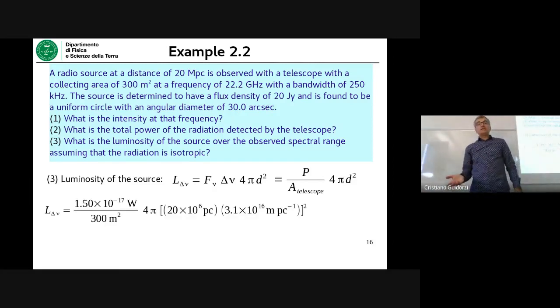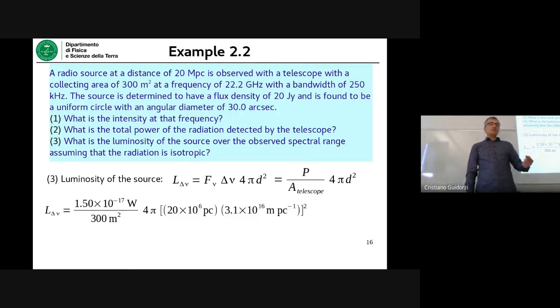So replacing all the values, again, make sure you are in control of the units. I remind you, 1 parsec is 3.1 10 to 18 centimeter or 10 to 16 meter in this case. I remind you also the meaning of parsec.